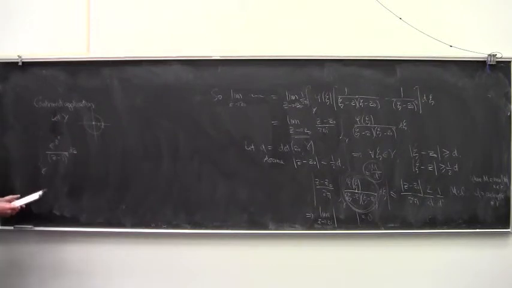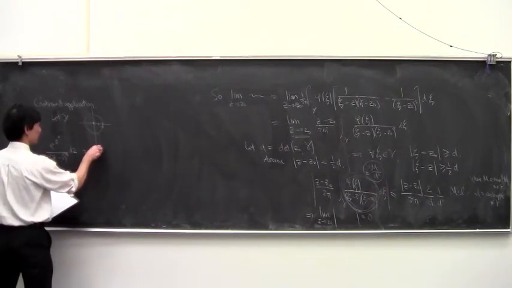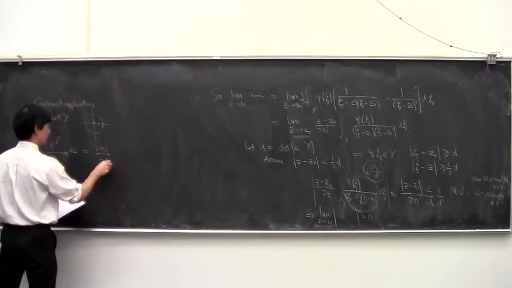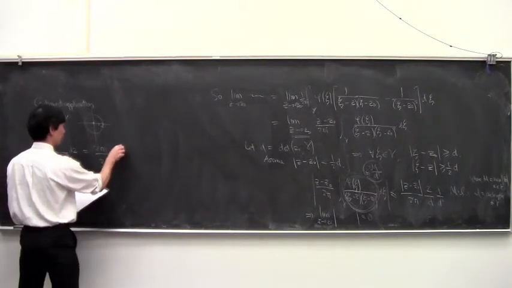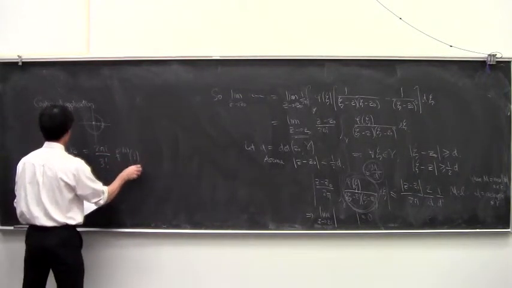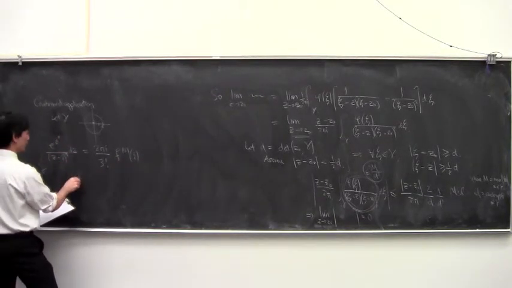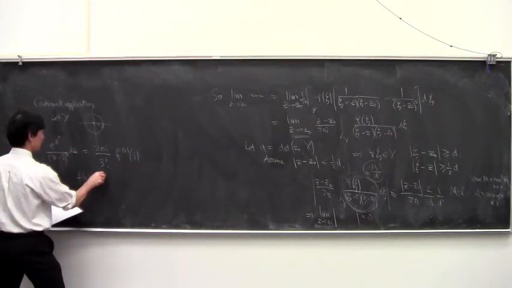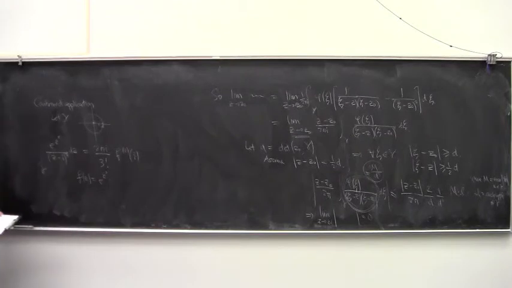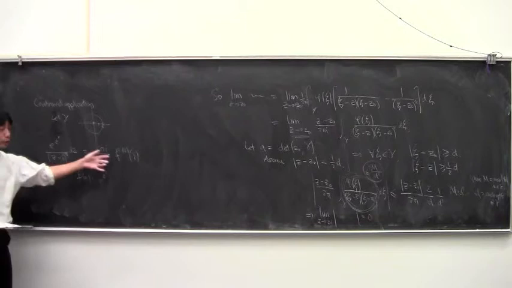This is just going to be 2 pi i over 3 factorial times the third derivative of f evaluated at i, where f is e to the z squared. Just by the third derivative formula.